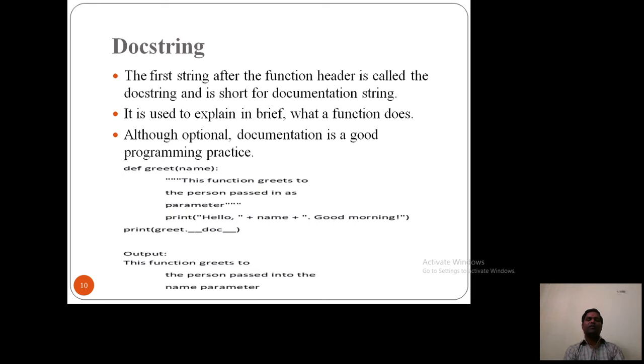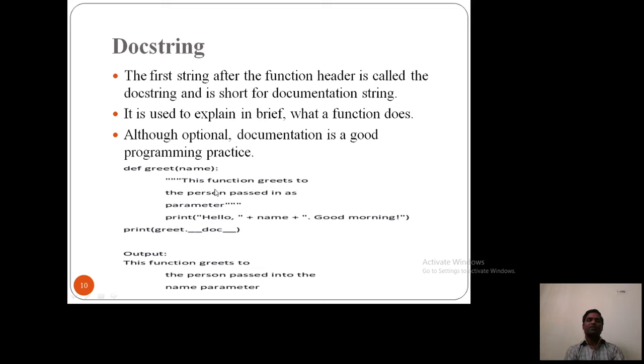So here is a function definition greet with one parameter, name, and I have a documentation string stating that this function greets the person passed in as a parameter. Then I print hello, name and good morning. Printing the greet doc is how we can get the documentation of this function.